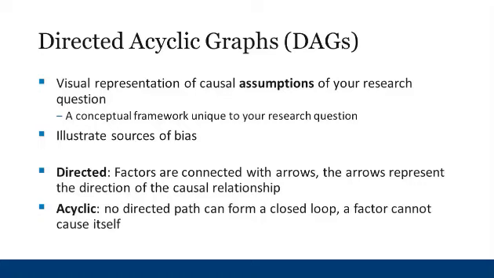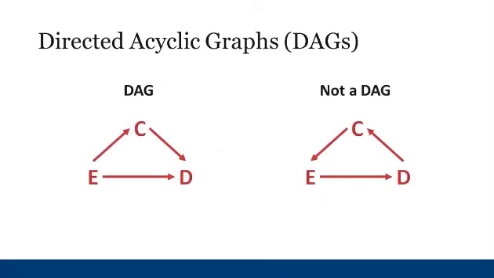So some of the key factors of a directed acyclic graph: factors are connected with arrows. The arrows represent the direction of the causal relationship. That's key for the directed aspect. And acyclic, we talked a little bit about the simultaneity. Acyclic means that no directed path can form a closed loop. So a factor cannot cause itself in a directed acyclic graph. An example being this, our exposure being E, our outcome being D, C being our potential other variable.